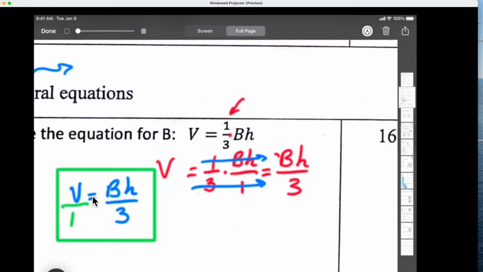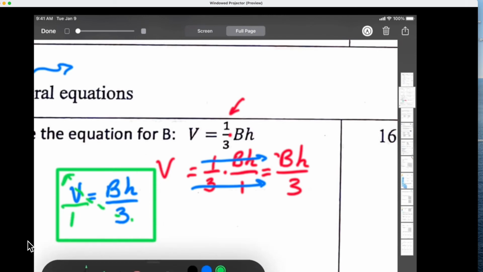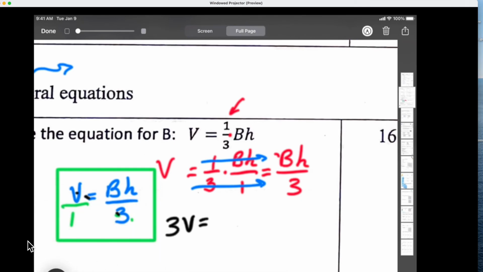And whenever we are fortunate enough to have that scenario, we are allowed to cross multiply. To cross multiply, we're going to have first 3 times v, which is 3v. Don't forget your equal sign. 1 times BH is BH.